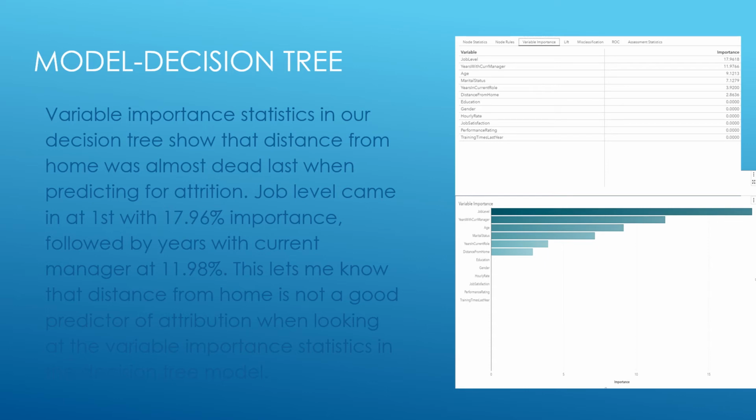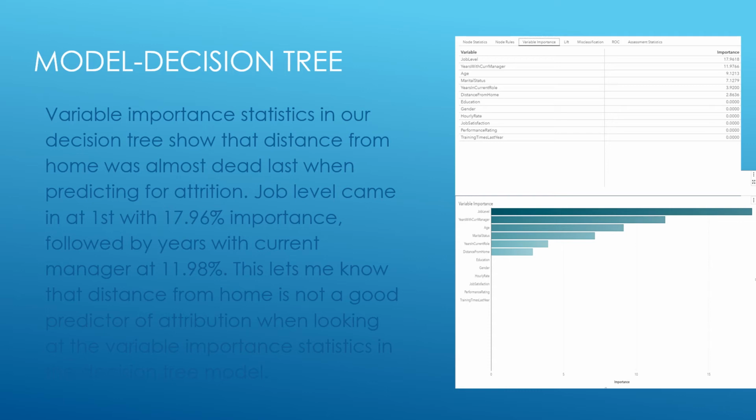So when comparing distance from home among other variables, such as job level, years with current manager, age, we see that while it is dead last, there are many other things, such as education, gender, hourly rate, job satisfaction, performance rating, and training time last year that we may have thought contributed to employee attrition, but they did not.